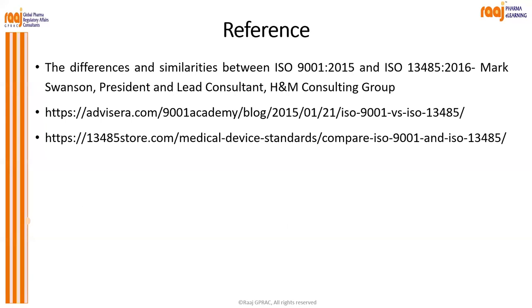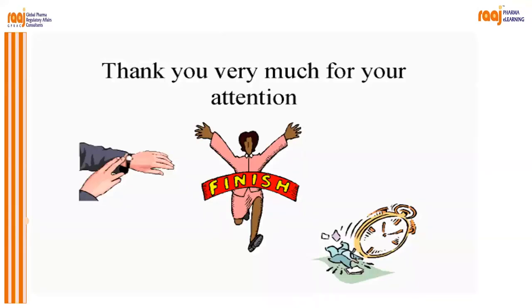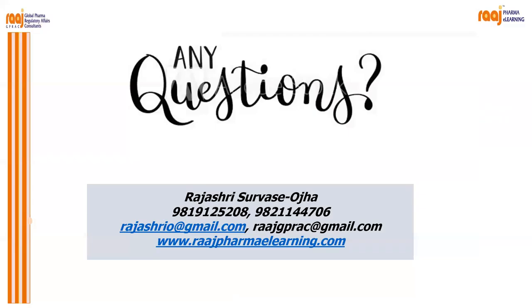And these are the references from where I brought together the content. Thank you very much for your kind attention. I hope you understood the similarities and the differences between ISO 9001:2015 and ISO 13485.